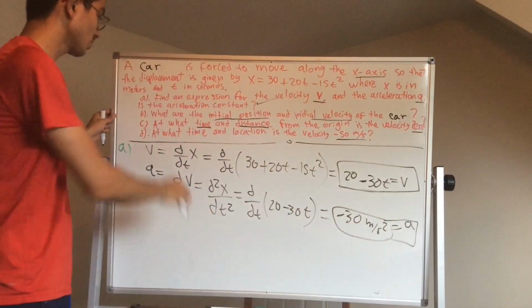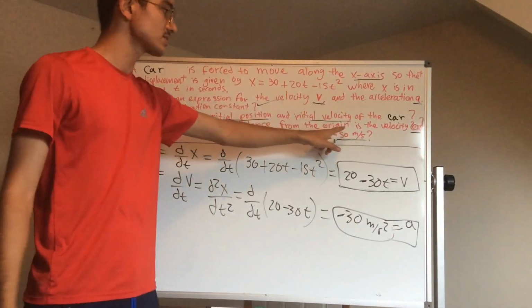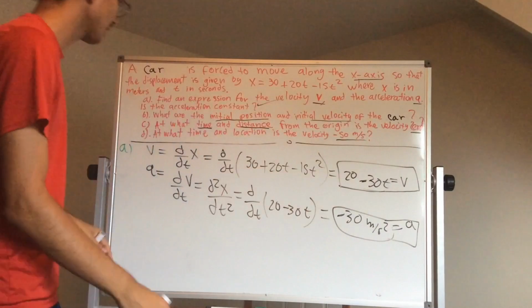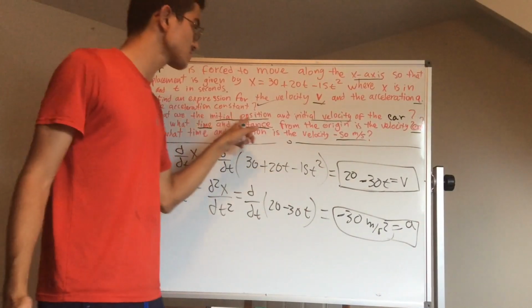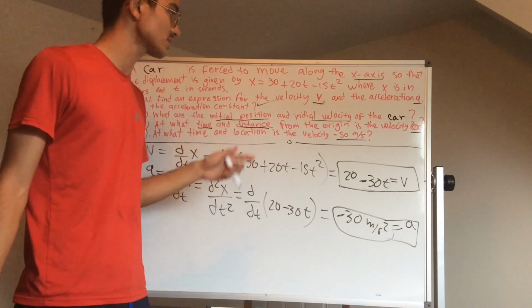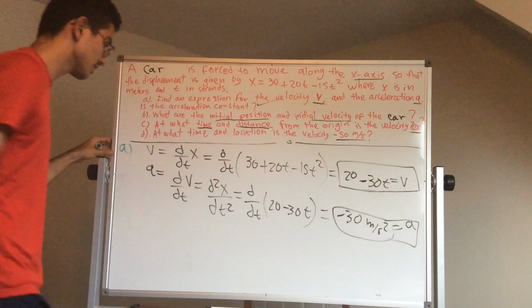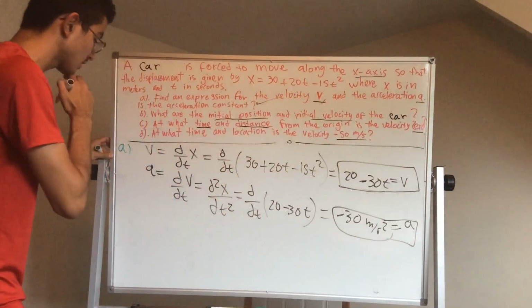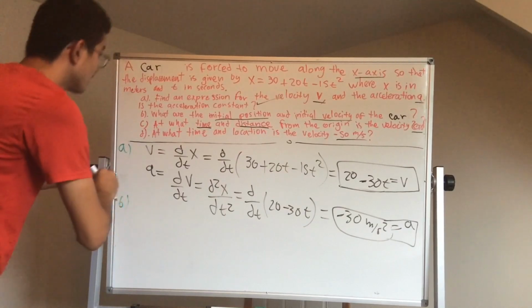We're going to move on to part B. What are the initial position and initial velocity of the car? We know that the initial position and initial velocity occur when t equals 0. So let's set t equal to 0 in those functions.